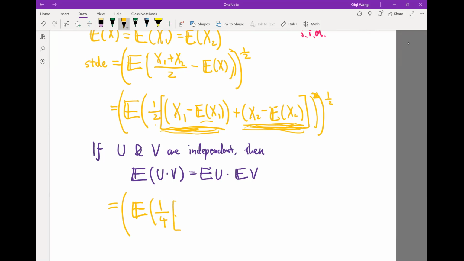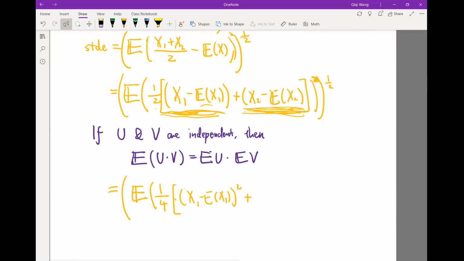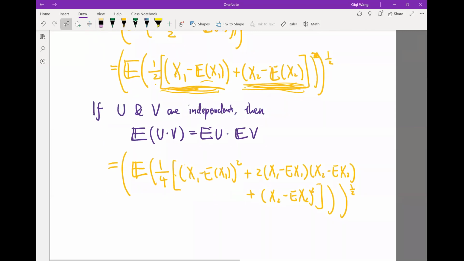And we are going to have (x1 minus E[x1]) squared, plus 2 times (x1 minus E[x1]) times (x2 minus E[x2]), plus (x2 minus E[x2]) squared, and that's my expectation, and I have a square root here.